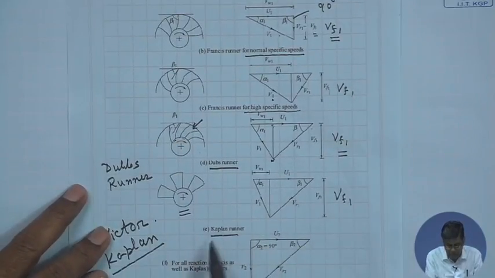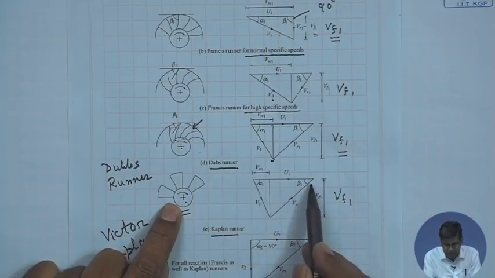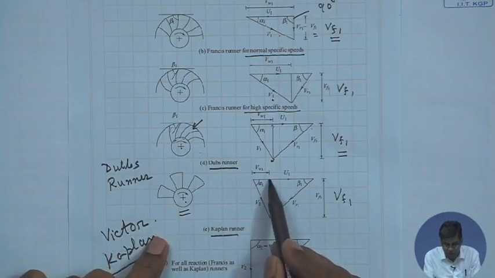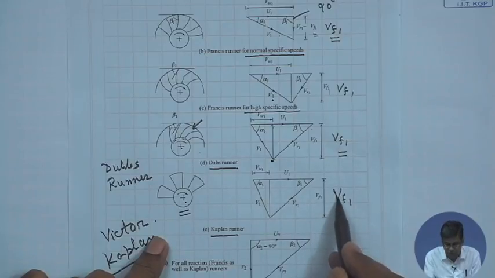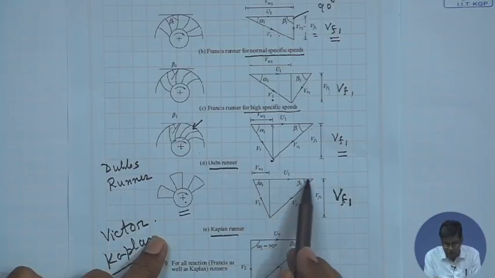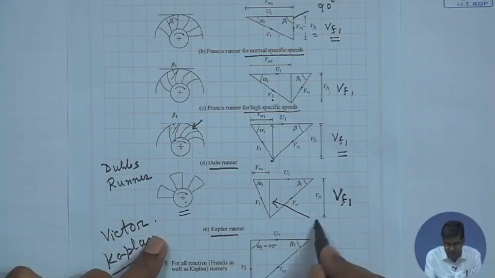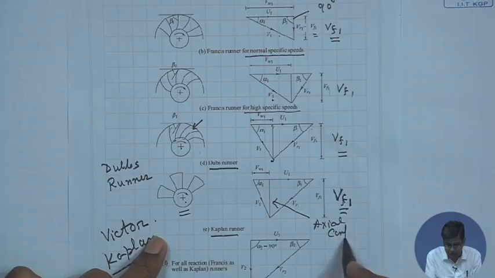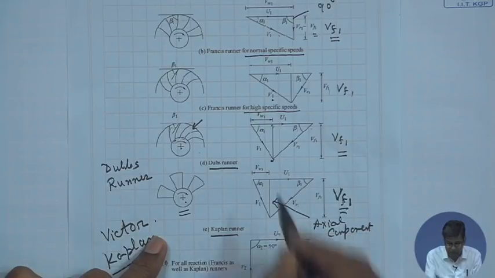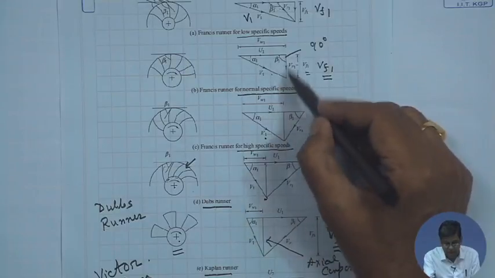But in the case of the Kaplan runner, the inlet is also axial. So this component, the flow velocity, perpendicular to the tangential direction, is axial. That is the difference, and in all other cases, these components are radial.